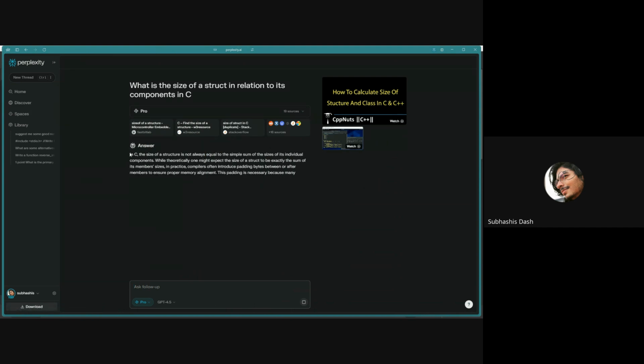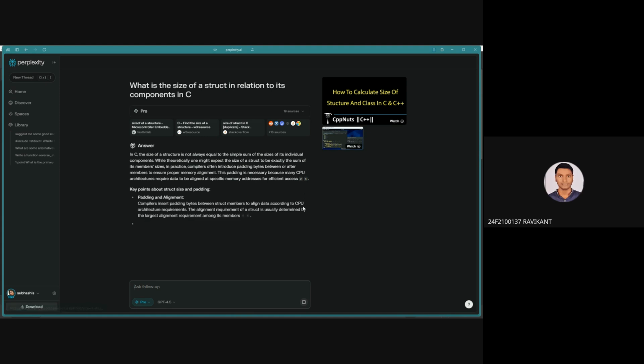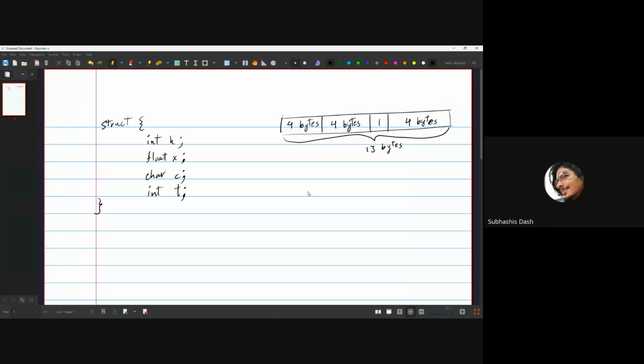See, here it is. Yes, but we can also know that the size of a struct is the sum of its components. That is not always the case. Like say in this case, it would have some padding.